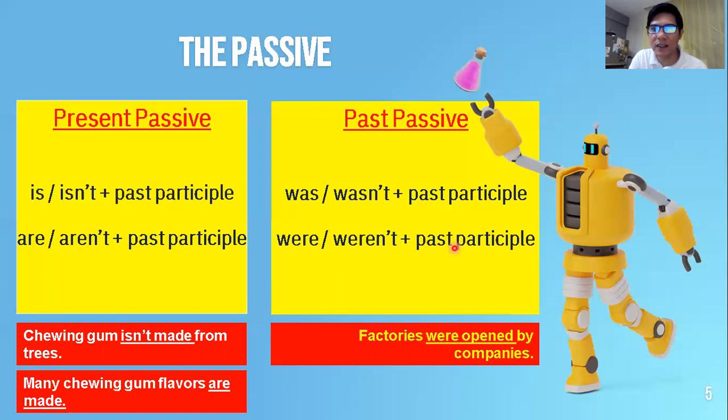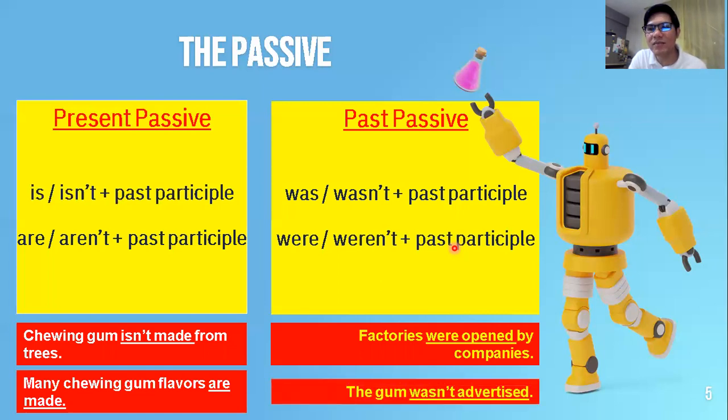That's why we say factories were opened by companies. Lastly, the gum, singular, past passive. So we use wasn't. Advertise is the root or the base form. Advertised is the past participle form of the verb. So that's present passive and past passive.